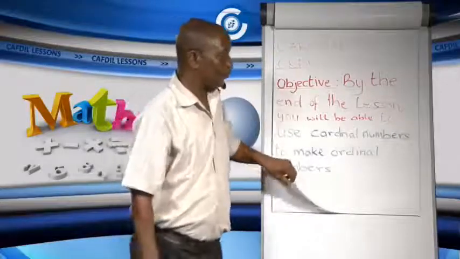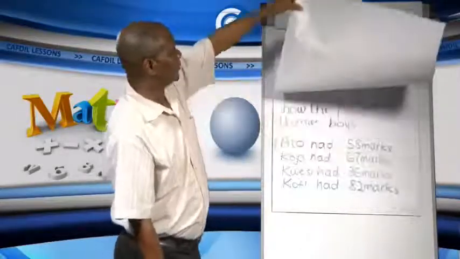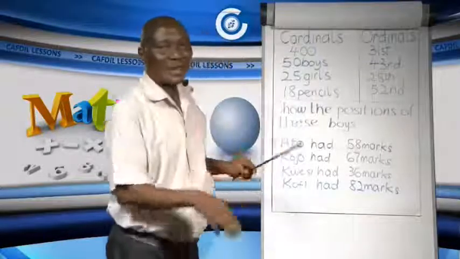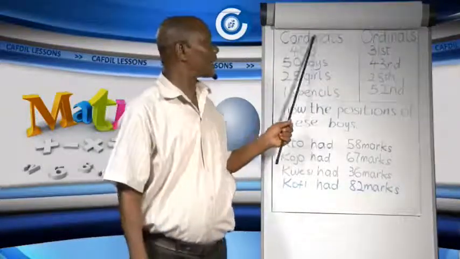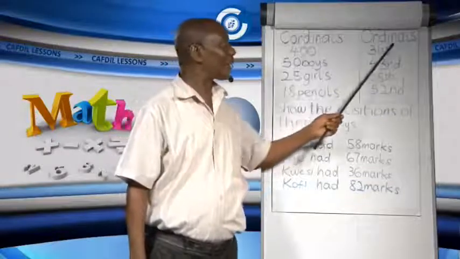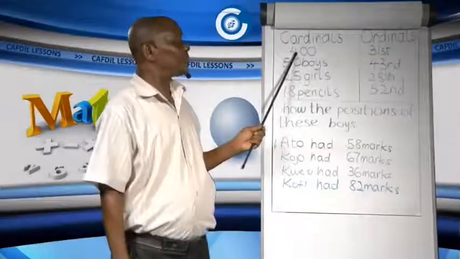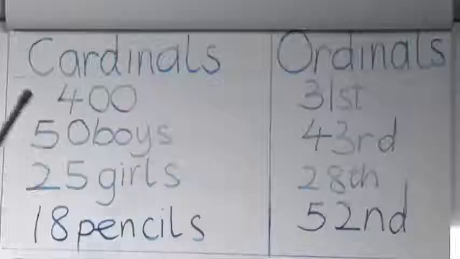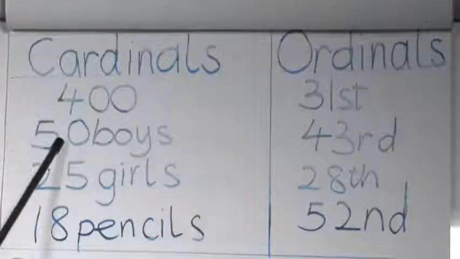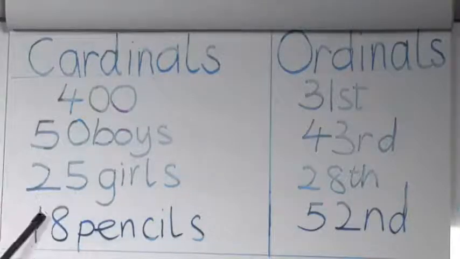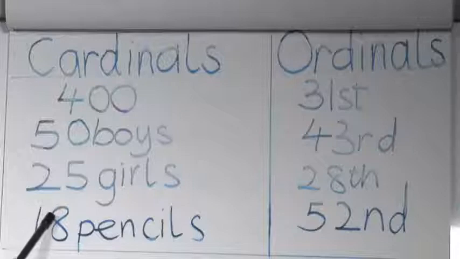Okay, let's move on. We have examples of some cardinal numbers and ordinal numbers. Let's start with the cardinal numbers. 400, 50 boys, 25 girls, 18 pencils.